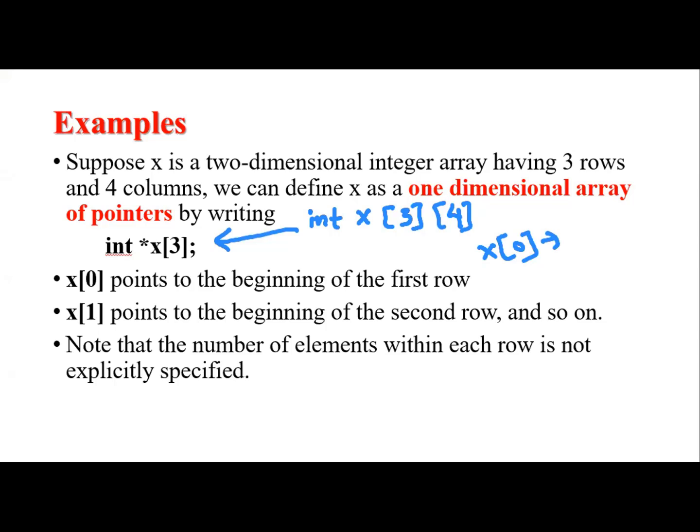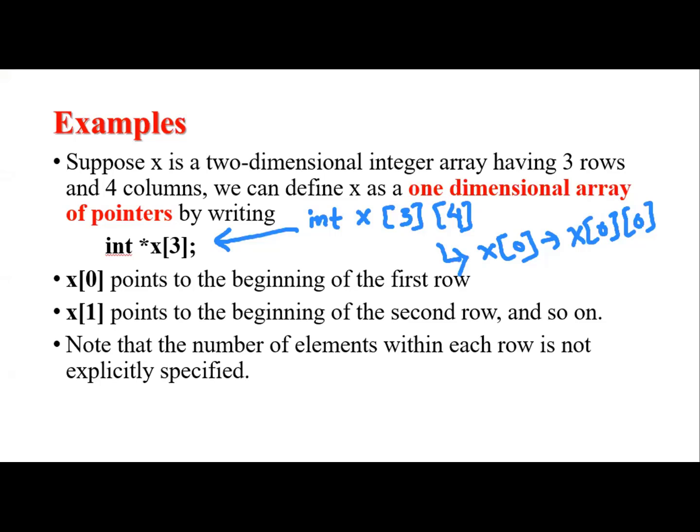It is equivalent of writing x[0][0]. So x[0] will hold the memory address of the first element in the array.